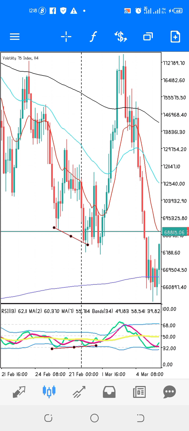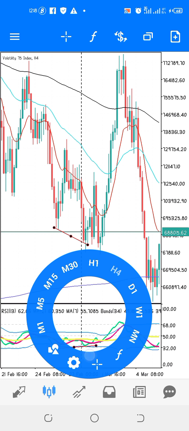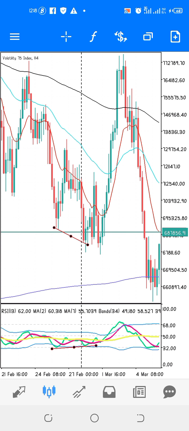Have you seen it? There was also divergence on the RSI. With divergence on the RSI, price is going lower, RSI is going higher. So have you seen it? You should have entered at this point.